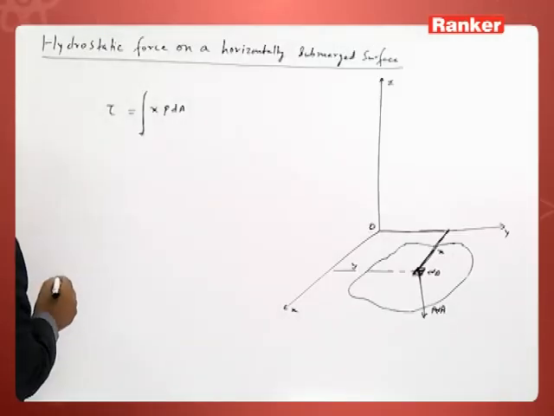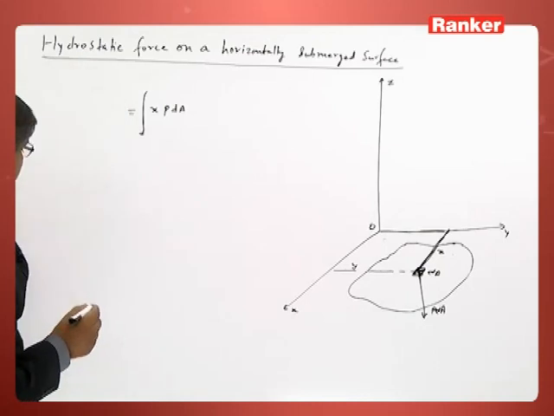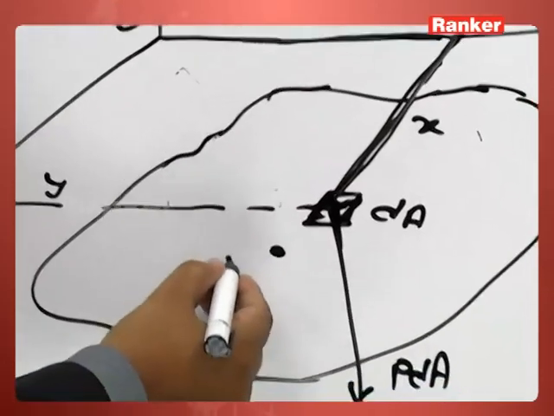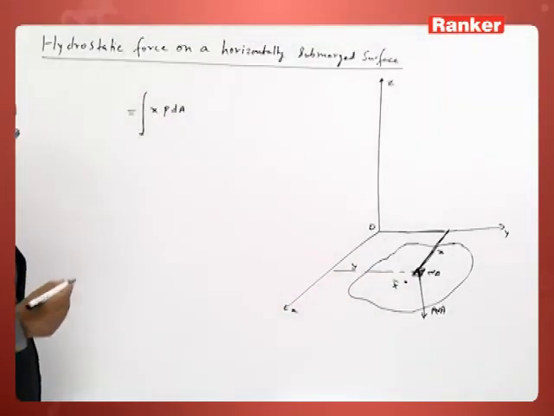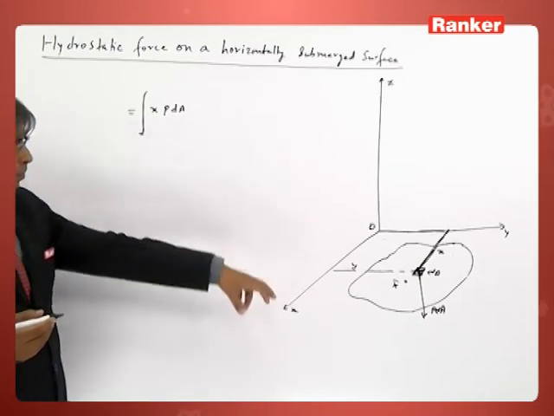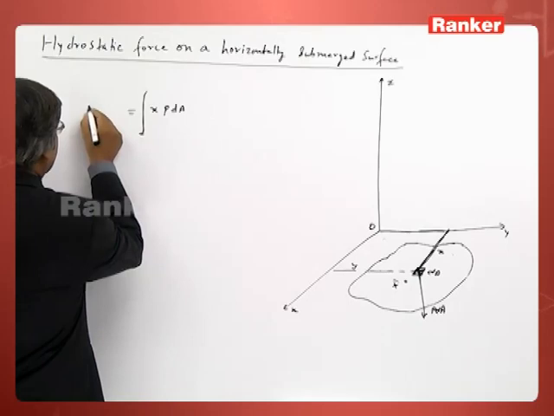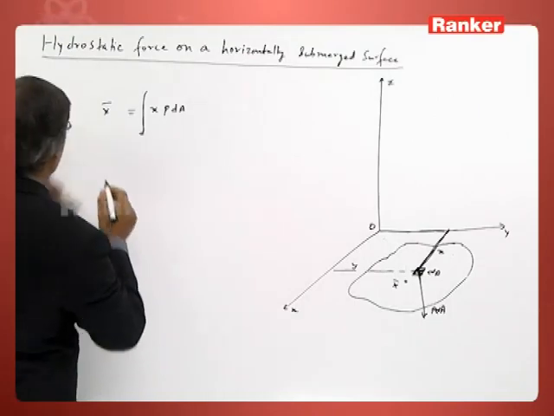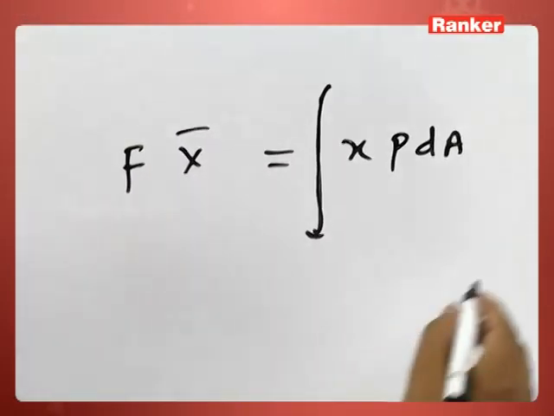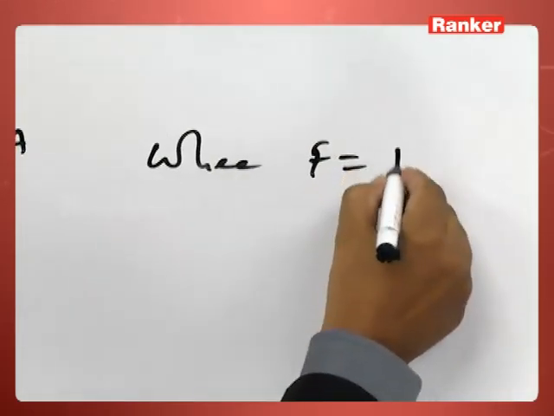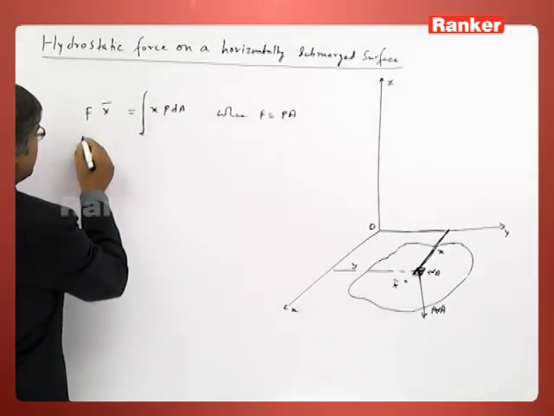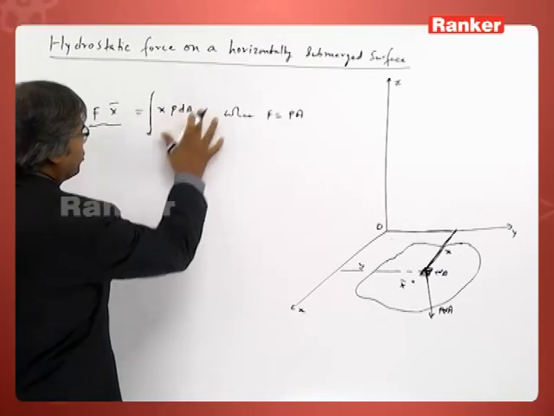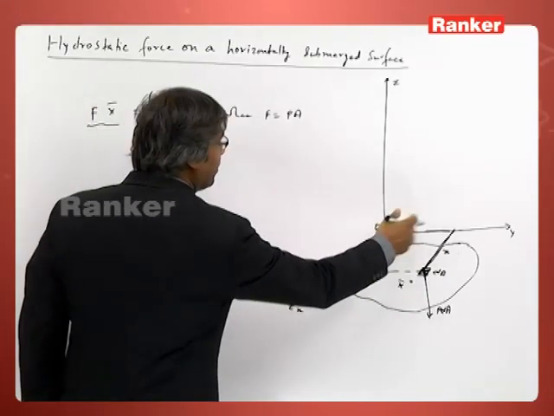Now if I say that this torque is equal to, suppose this point is X bar, the point through which the center of pressure will act, then this is F, the total F, where F is equal to P into total area A. So this is the torque due to the total pressure force, and that is equal to the torque of all the distributed pressure forces about OY.